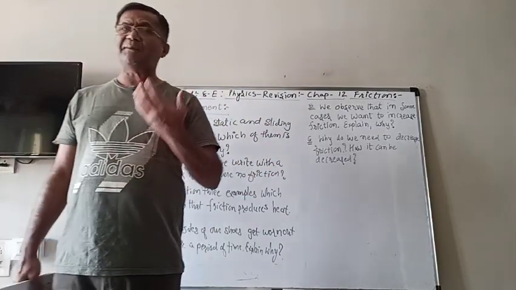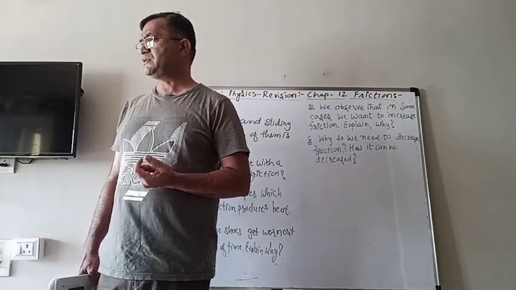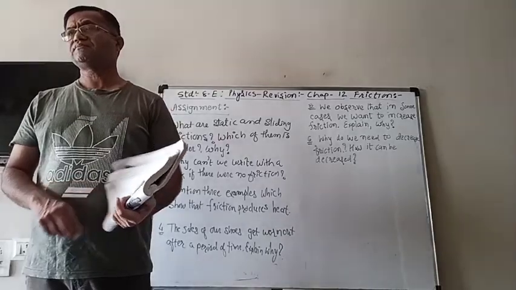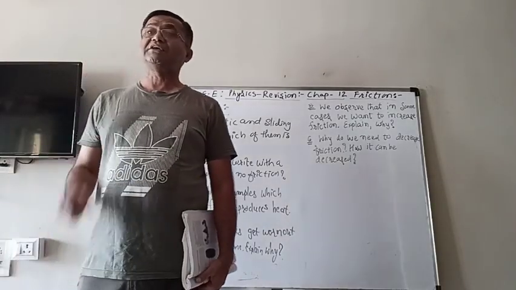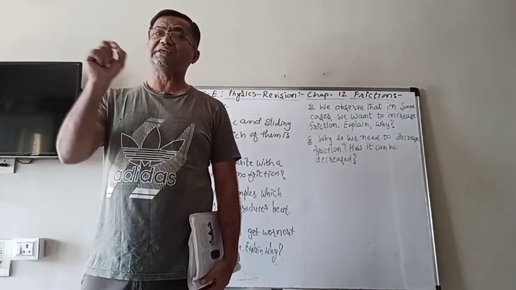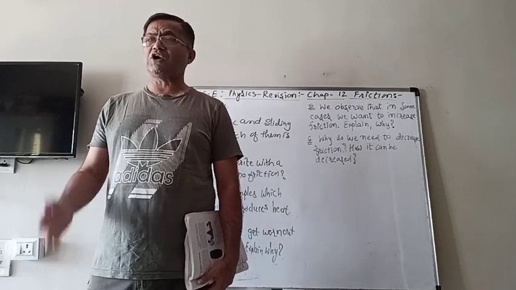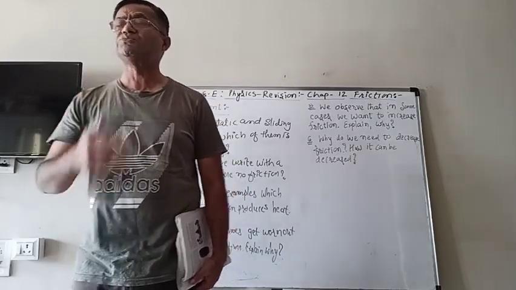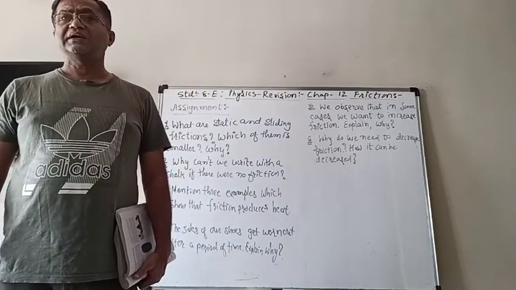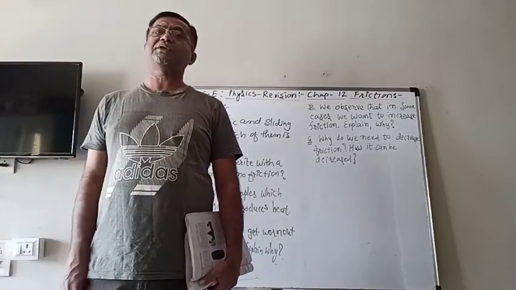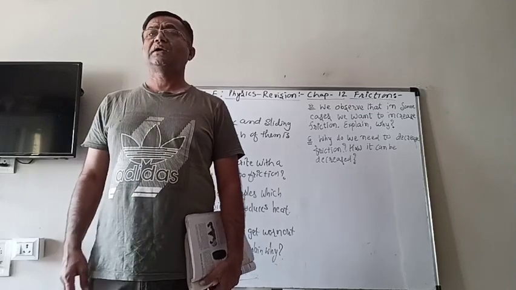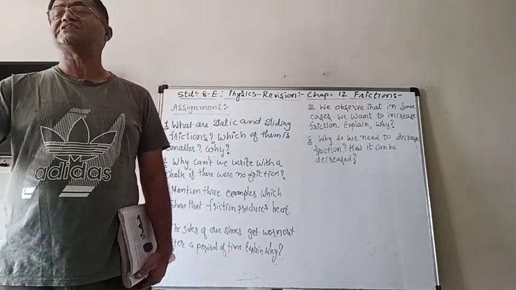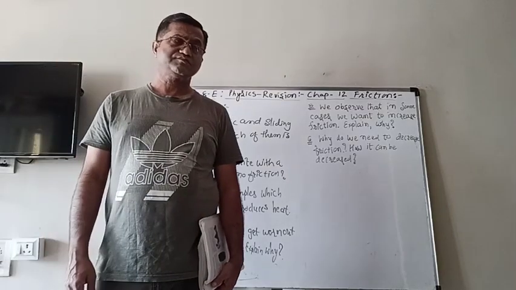And you know that after long use, if the tire grooves disappear and become very smooth, it is dangerous to run that vehicle. Because if the grooves are gone, the tire becomes smooth and it can slip off the road and there is a chance of an accident. In this situation, we have to change the tires.